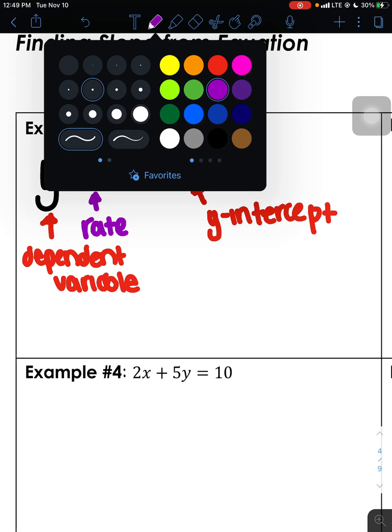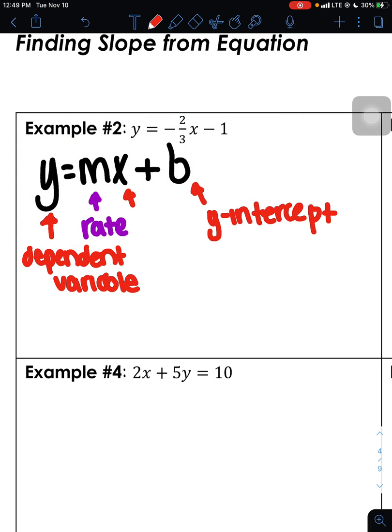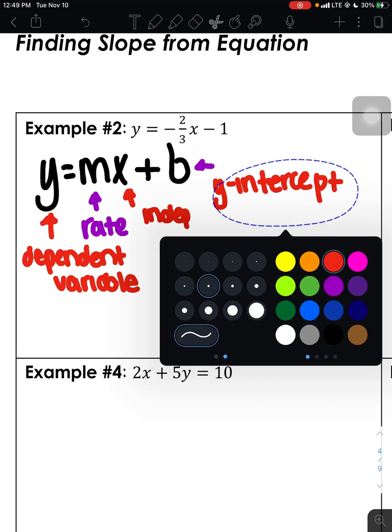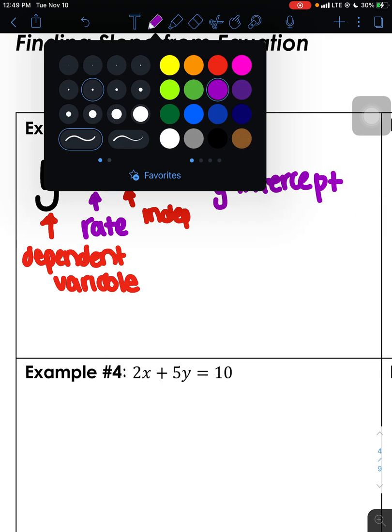And X is going to be our independent variable. I'm going to make this one red too, just so they're kind of color coded.